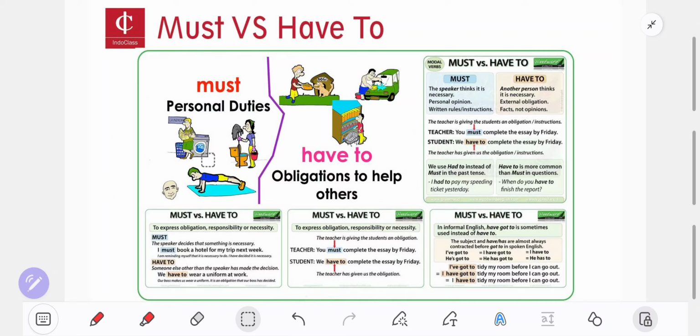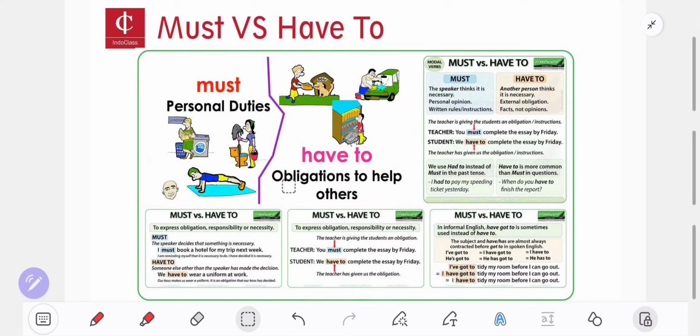If you have some activity and you have to, you must, from you and to you, must is an obligation for daily activity. And on the right side you can see on this picture, have to is more polite, for the obligation to help others.